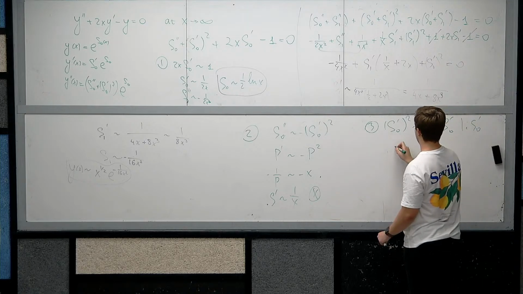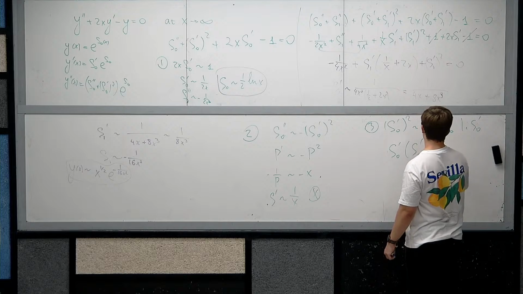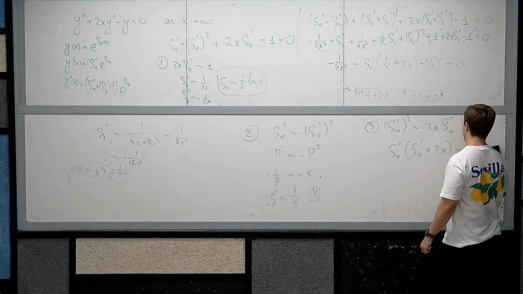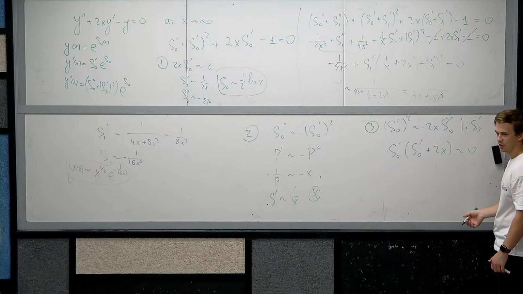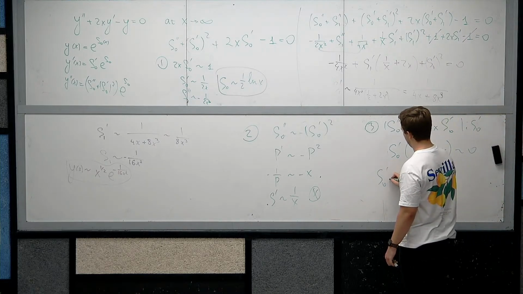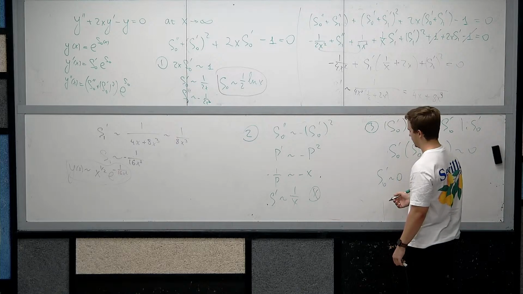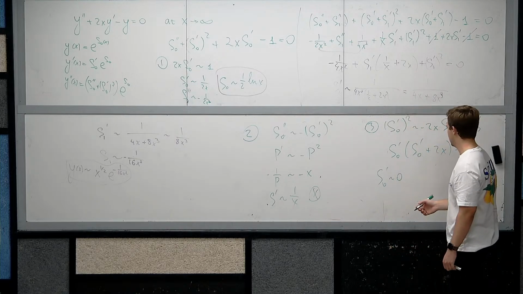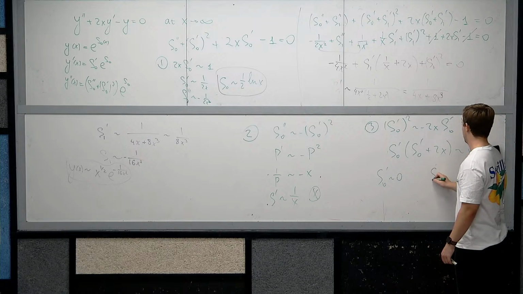So you write it as S naught prime multiplied by S naught plus 2x. And then you have two choices, but this one is a trivial solution, we don't need it, and the second one.